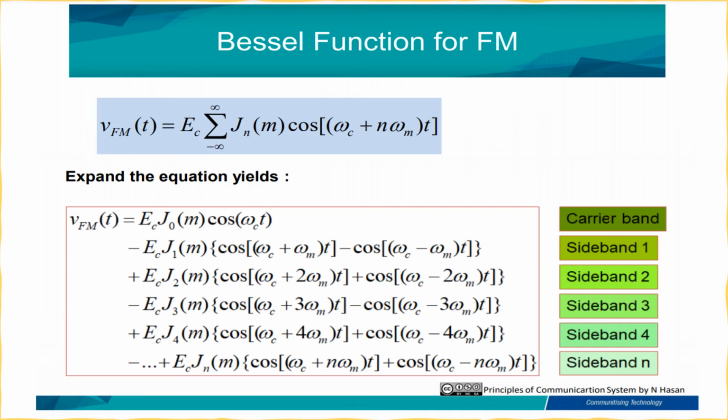Expanding the equation yields this equation, wherein the first term is the carrier, then next to it is sideband 1, then sideband 2, and up to sideband n. So that is the FM equation in Bessel function.